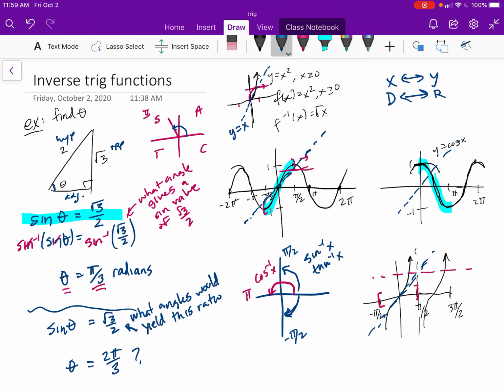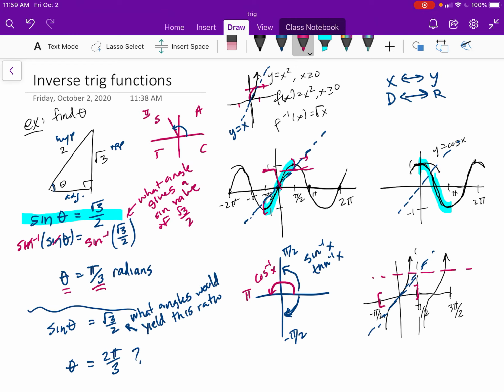Okay, I don't have perfect drawings here, but if we picture a reflection, then you could kind of see how the inverse trig function looks. It crosses 0 there, reflecting about that.